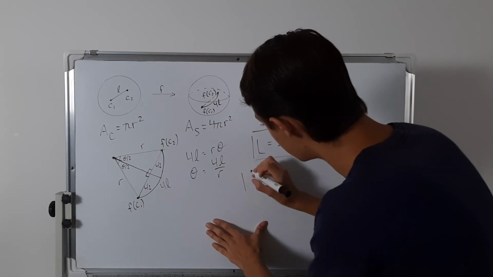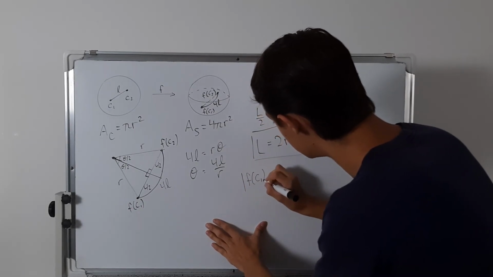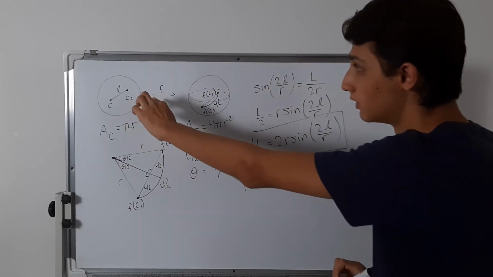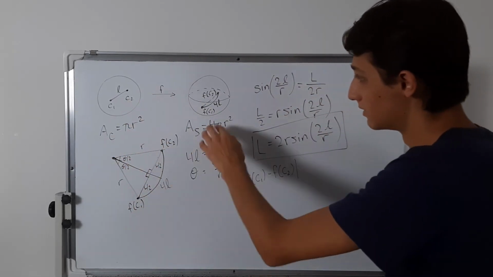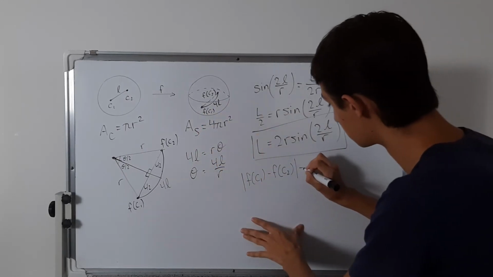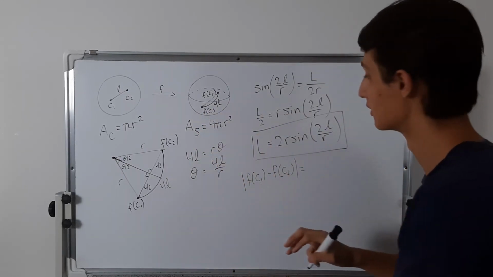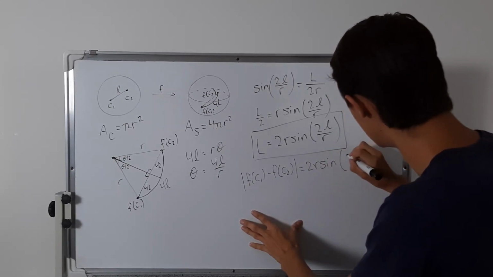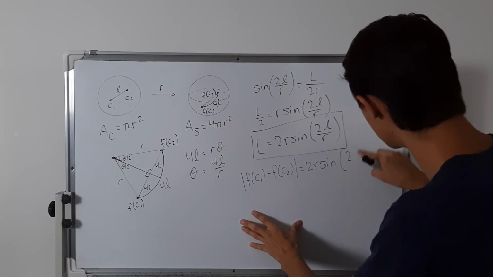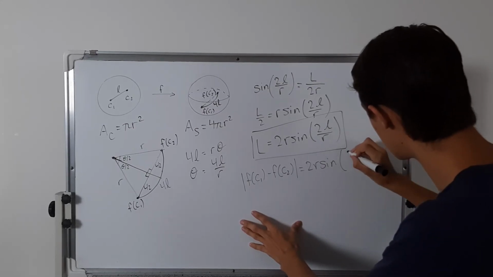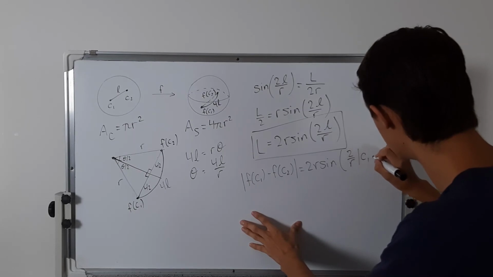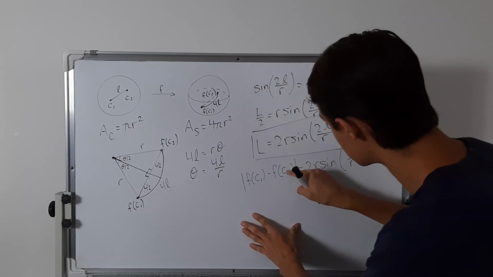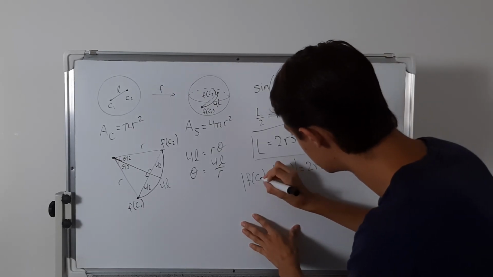I'm writing it in absolute value bars, but you can think of these as vectors, because c1 and c2 are both coordinates, and in fact, f of c1 and f of c2 are three-dimensional coordinates, so you have to consider those as well. So this is 2r sine of 2 times c2 minus c1 over r. Just flip these around, just like that.